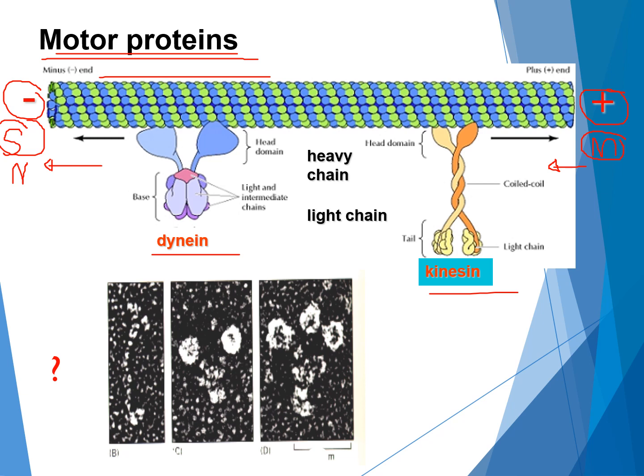From this function, we can see that dynein is the one actually carrying the vesicle from the endocytosis, while kinesin is the one that actually brings out the vesicle from the cell towards the membrane for exocytosis.